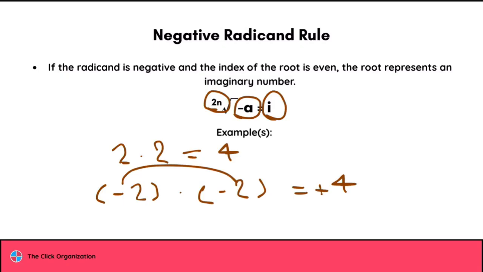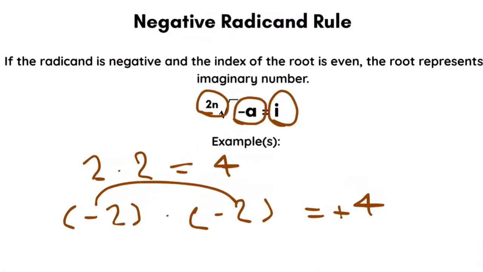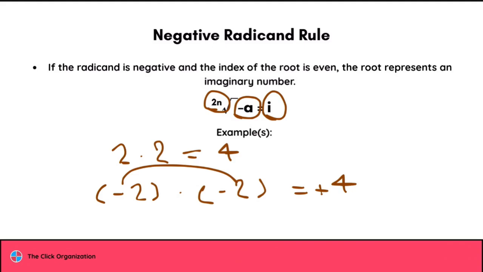This is why there is no real number that can be multiplied by itself and give a negative number, because both the positive signs and the negative signs, when they are multiplied by each other, the sign of the result will be positive. And that is why our radicand is basically the result of a number being multiplied by itself a few times.